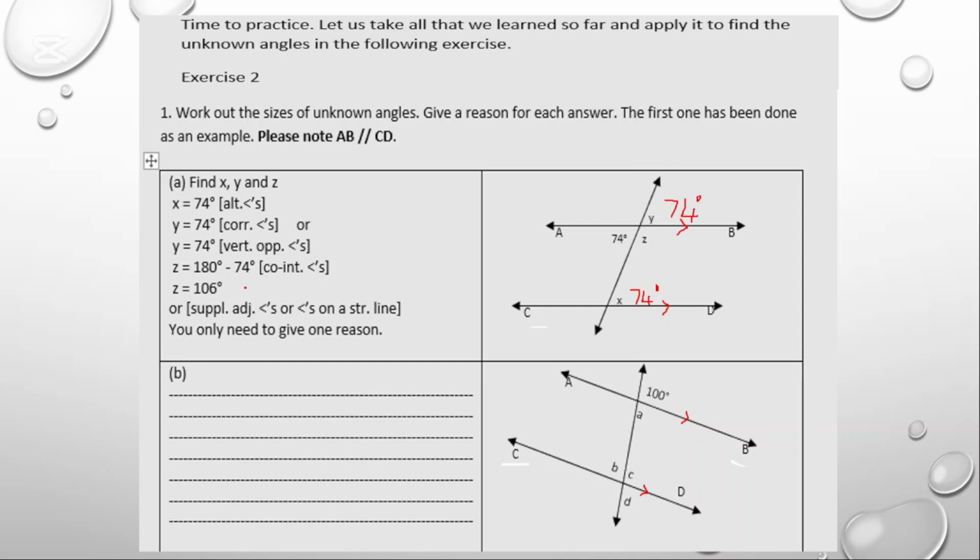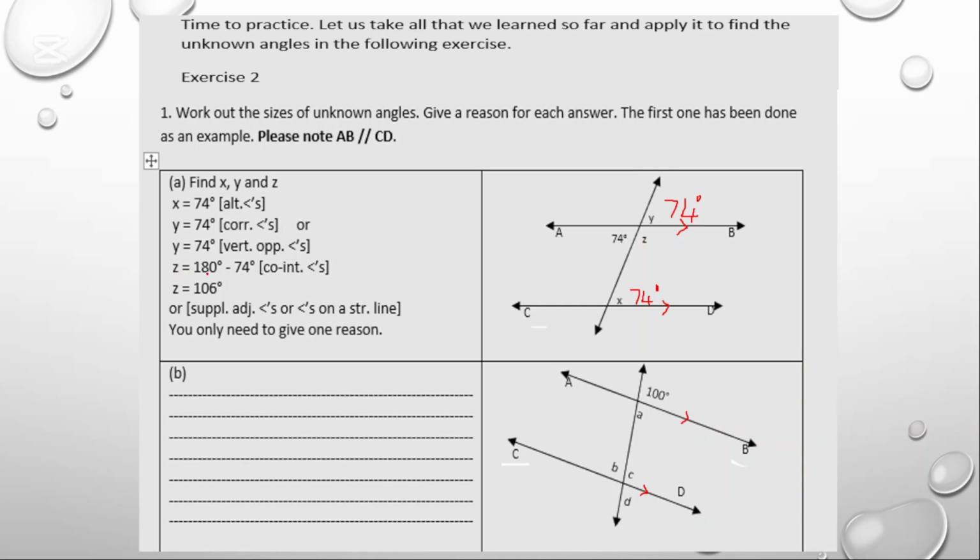Okay. Then we move to Z. Two reasons. Z and X, they are co-interior angles, so they must add up to 180. Y and Z, they are supplementary adjacent angles, and they must also add up to 180. So I'll do the co-interior one.